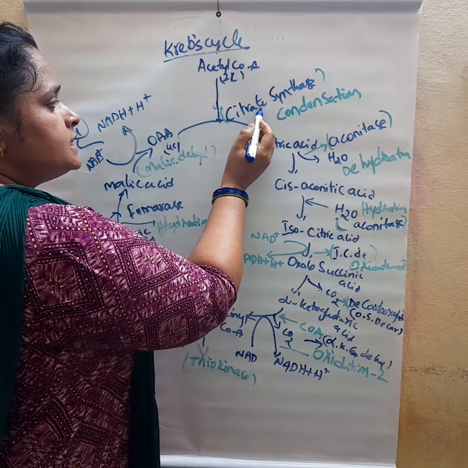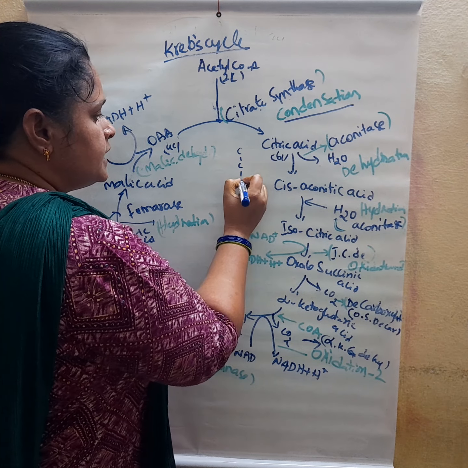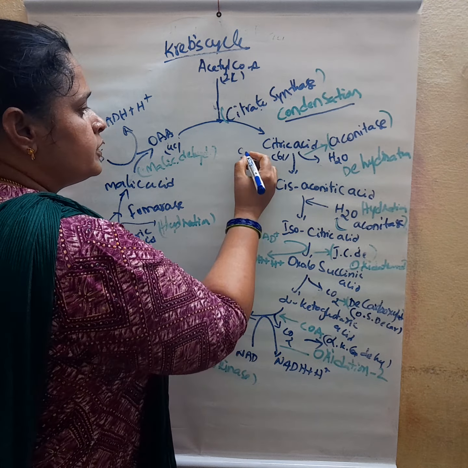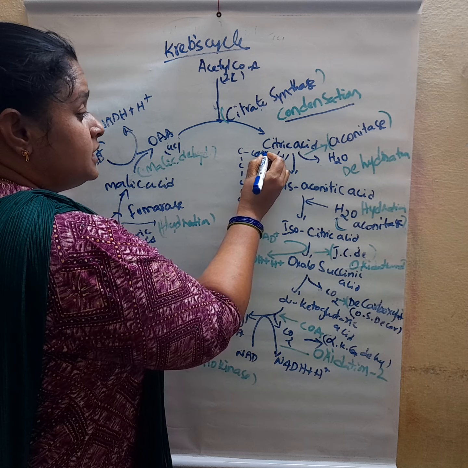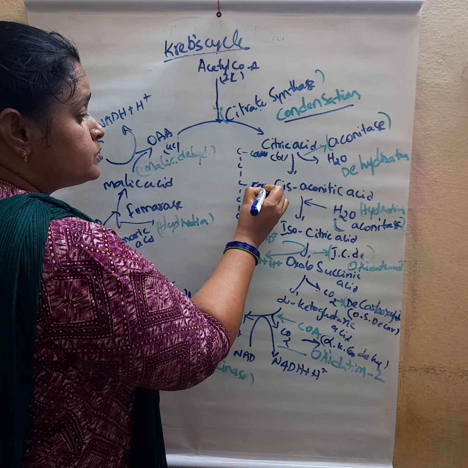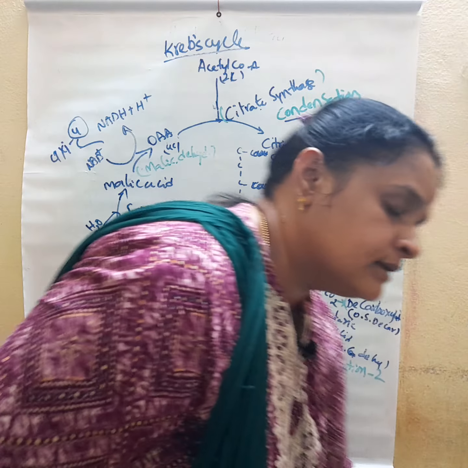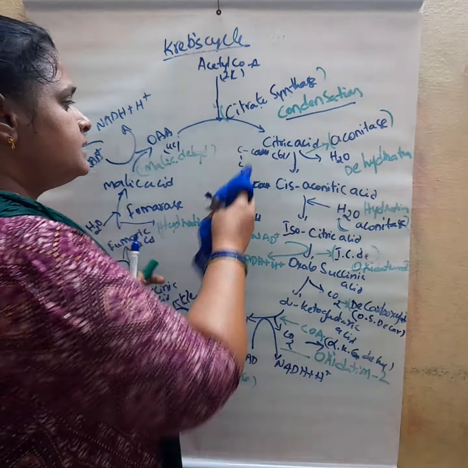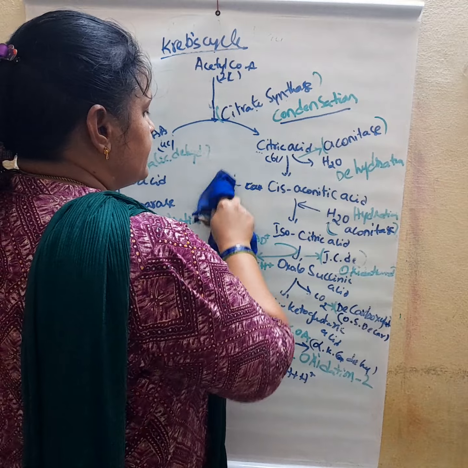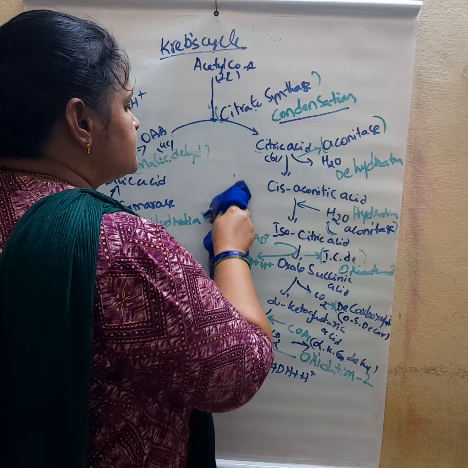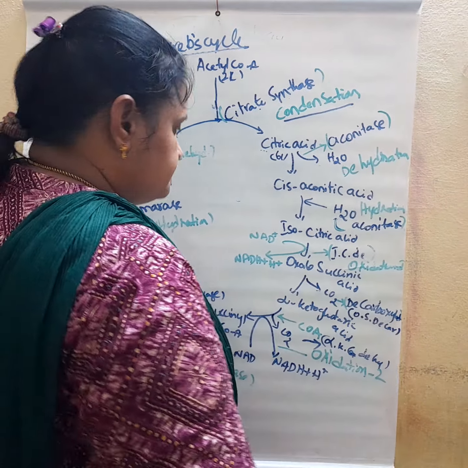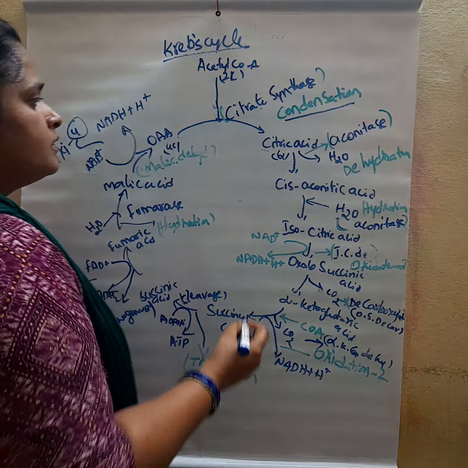If you see the structure of citric acid, it is a six carbon compound with three carboxylic acid groups. That's why it is called the tricarboxylic acid cycle. So what is the first step? Condensation, forming citric acid. Now this citric acid undergoes dehydration.